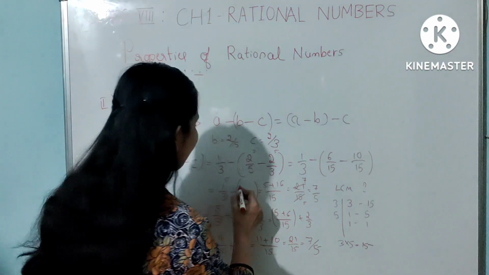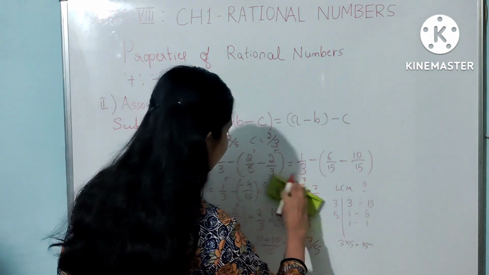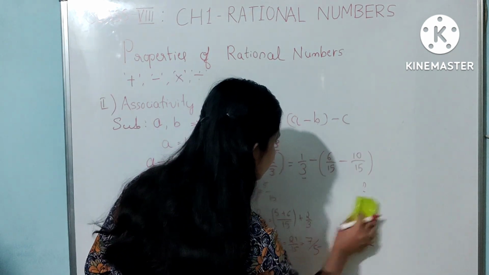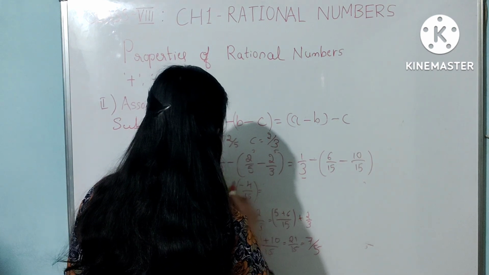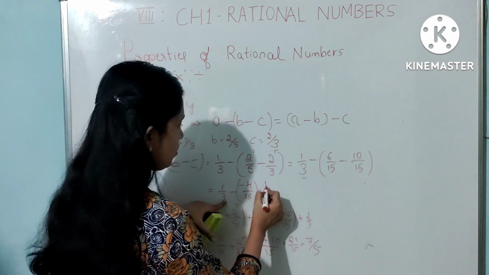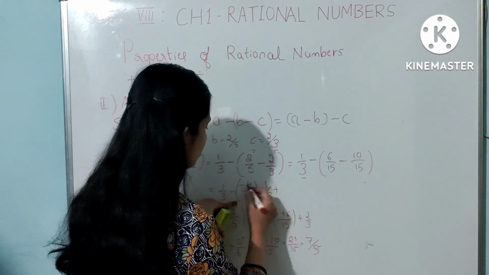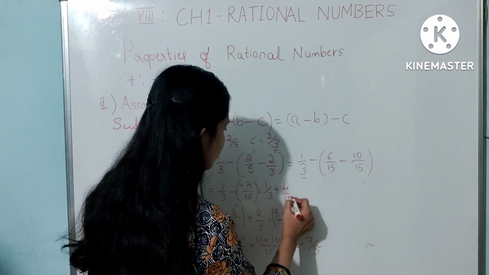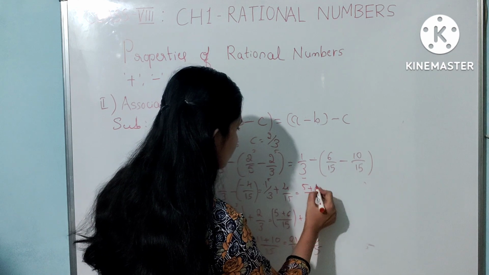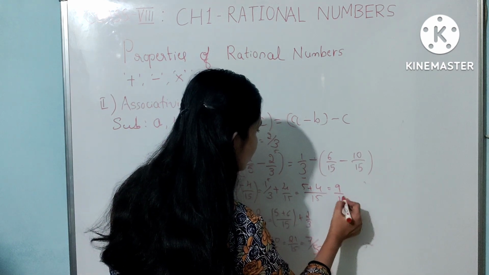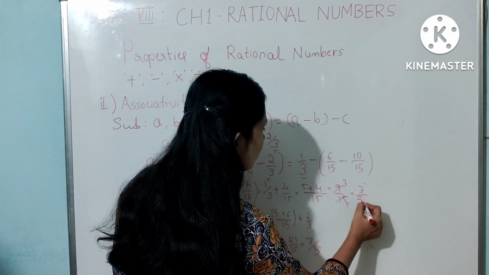Minus 4 by 15. Correct. Minus 4 by 15. So here 1 by 3 minus, this one minus minus plus, so 4 by 15. So again 15 is the LCM. 5 plus 4, that is 9 by 15. So 3 by 5.